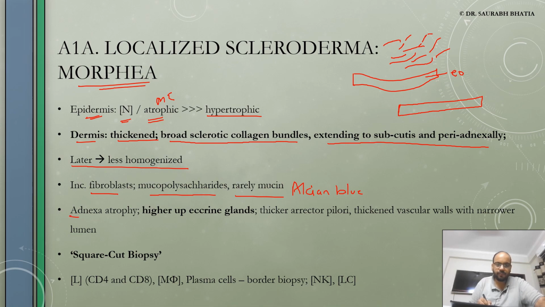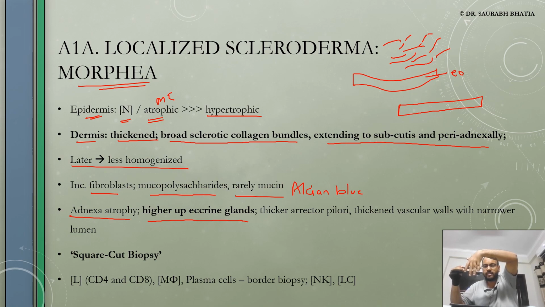There is atrophy of the adnexa. Adnexa are the other structures like follicles, sebaceous glands, sweat glands. Now, what exactly is happening in morphea when the dermis gets shrunken, shriveled, or tightened? It pulls the adnexa up. Imagine my entire hand is the dermis, and this pen is the sweat gland.